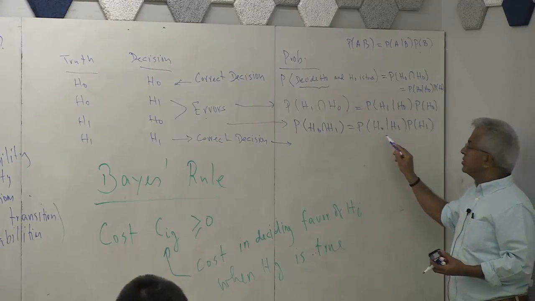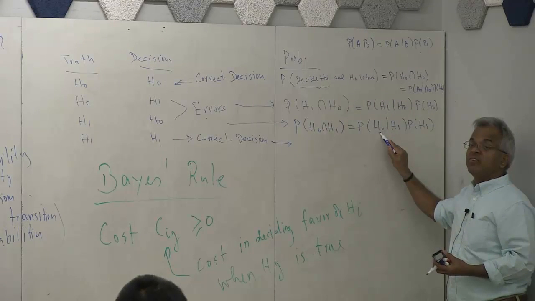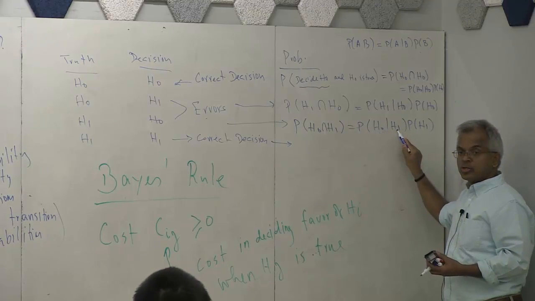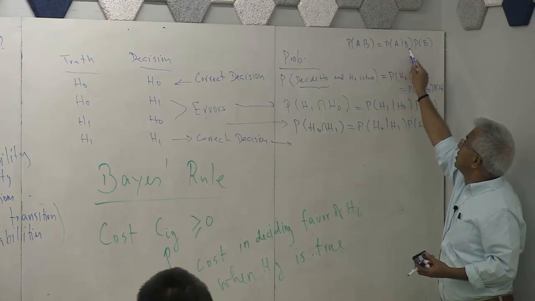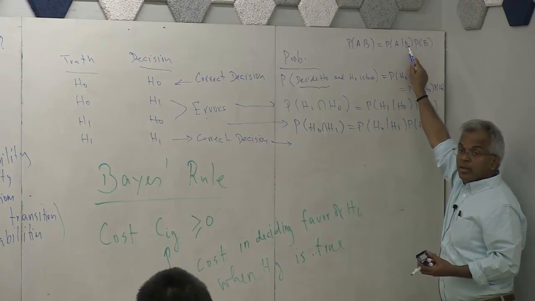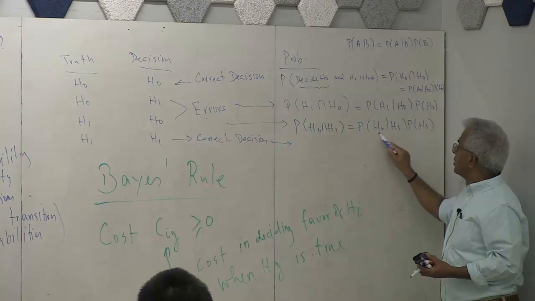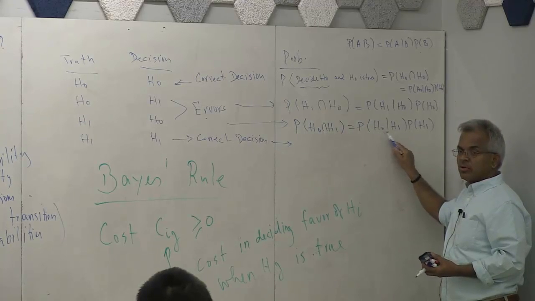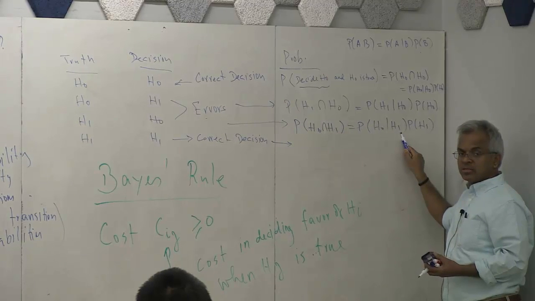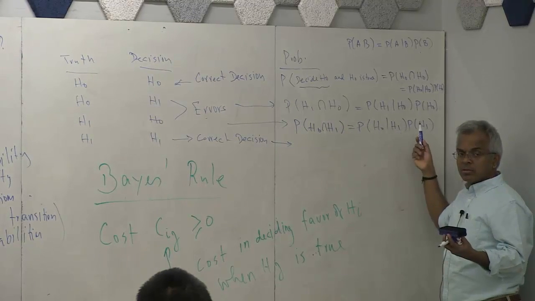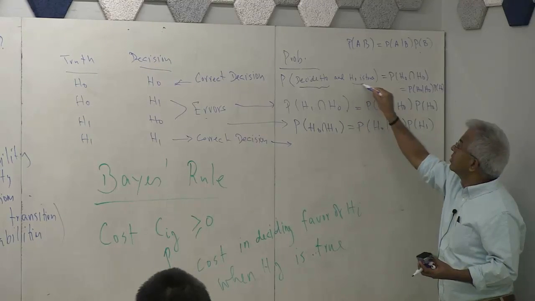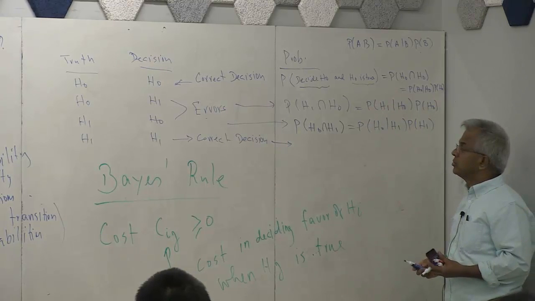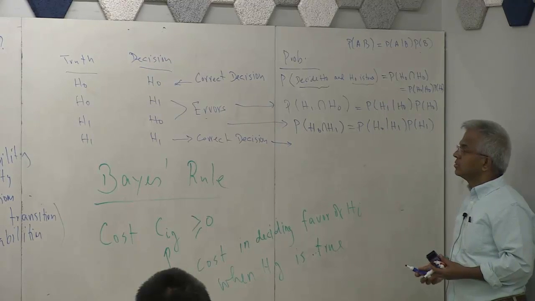So how do you read this? Probability of deciding in favor of H0 when H1 is true, just like here, A given B. Given that H1 is true, decide in favor of H0. Remember, I already wrote it here: the second one stands for what is true, and the first one stands for the decision.